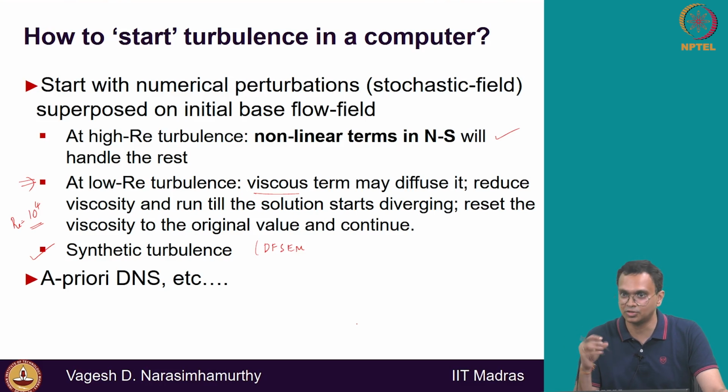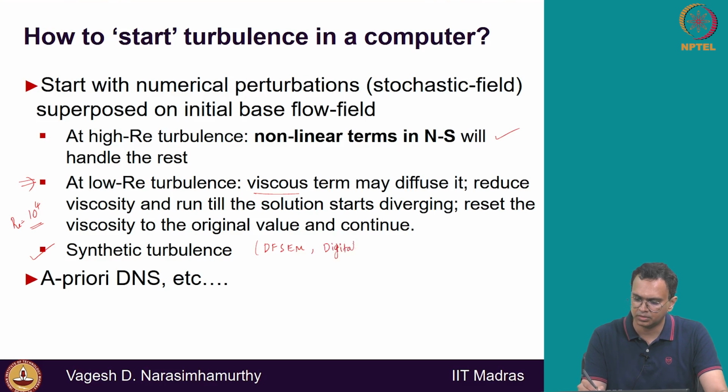Okay, if you can assume what the Reynolds stress is in that flow, and you can give the turbulence intensity also, then you can generate some synthetic turbulence. This can also help. So there are other techniques. This is one example. There's also the digital Fourier method, using Fourier modes, digital Fourier modes. So there are many techniques.